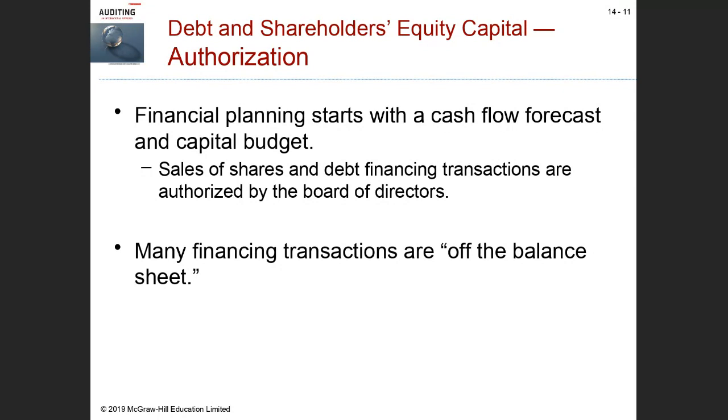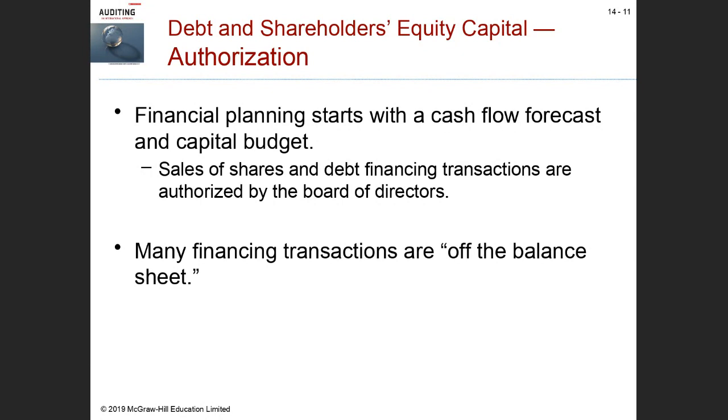Right? So that plan, once put together, of course, should be approved by the board of directors. So a financial plan approved by the board of directors gives authorization, right, to raising capital in whatever form that might take. Now, one of the things we have to be concerned about is there are some types of financial transactions which are what we call off-balance sheet transactions.